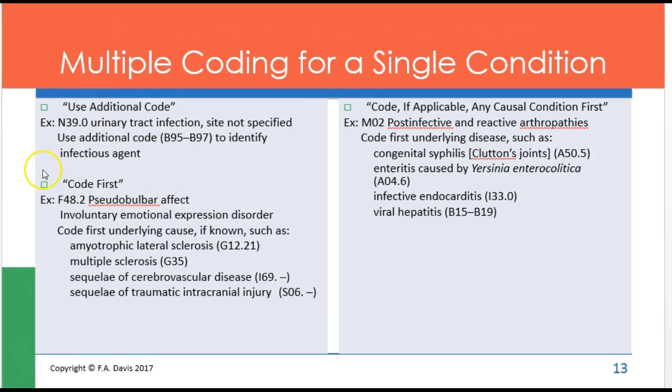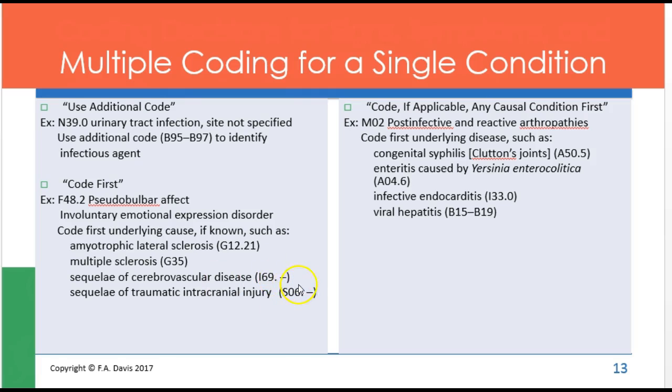Then it may use something like code first. So that tells you you need a primary code in front of this F48.2, the pseudobulbar affect. Okay, and it says code first the underlying cause, if known, such as, and they give you a list of conditions that could cause this situation, and those are coded first, and then your F48.2 would be coded secondary.